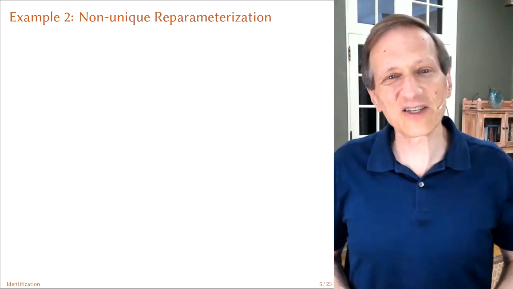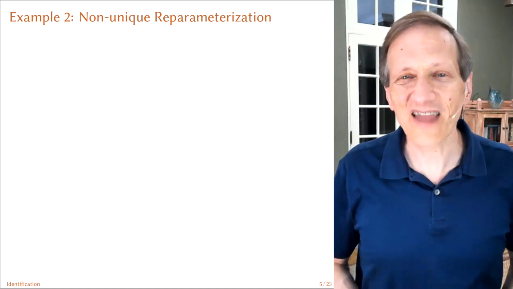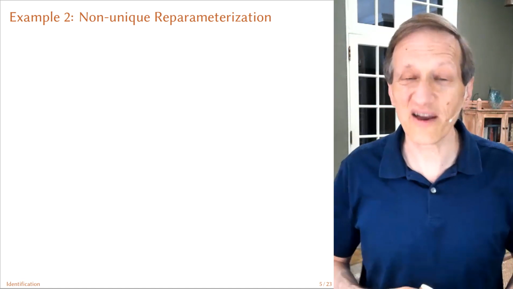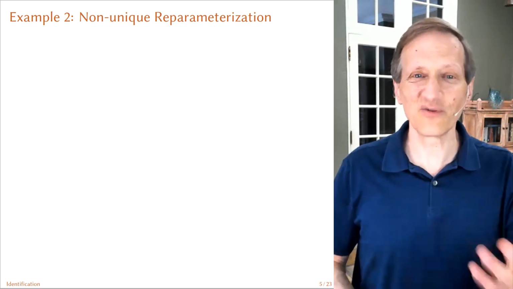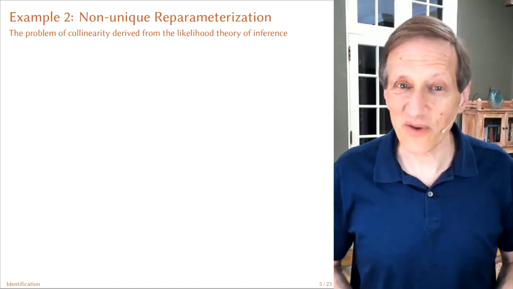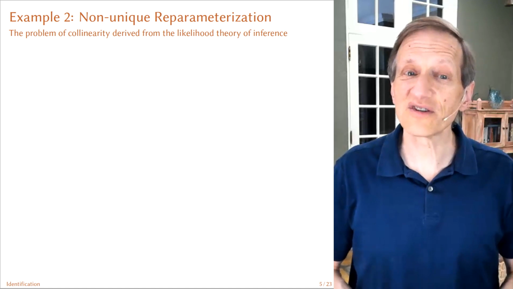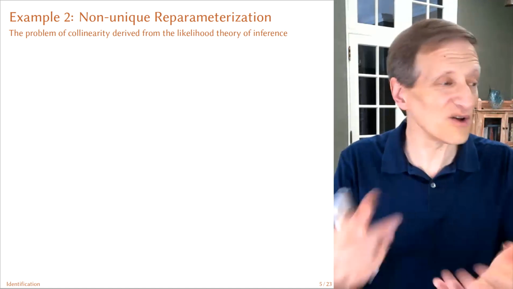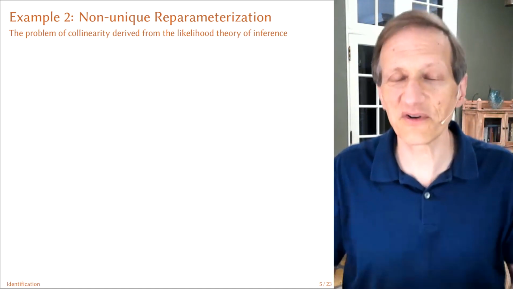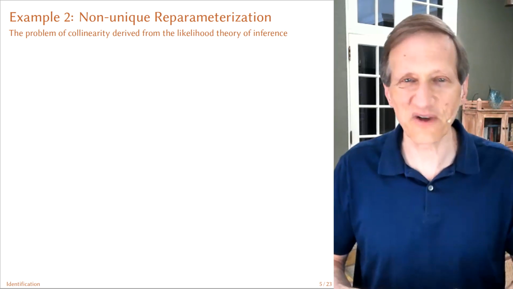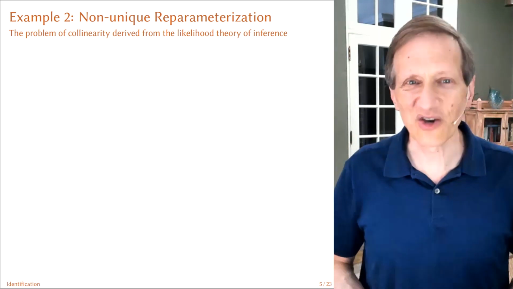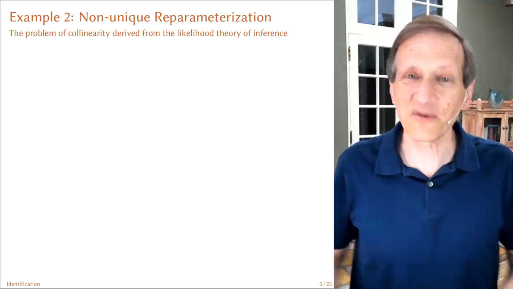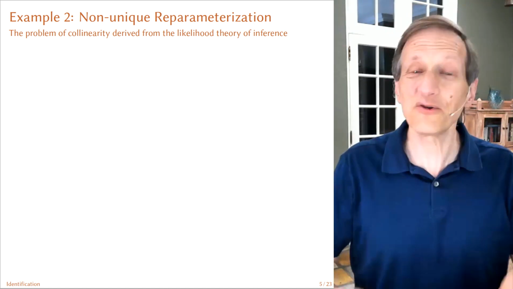All right, let's look for a case you may have run into, and we could think of it as a non-unique reparameterization. So this is the problem of collinearity. We all know that you can't have perfectly collinear explanatory variables in a regression equation. So what happens from the likelihood theory of inference if you try to do that?